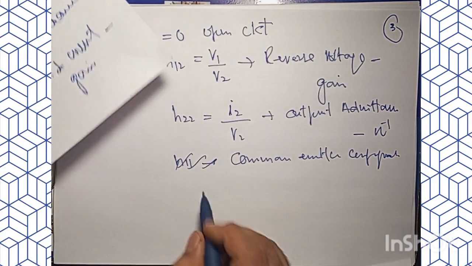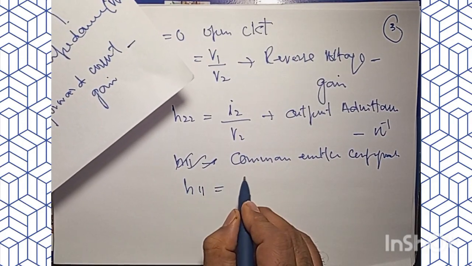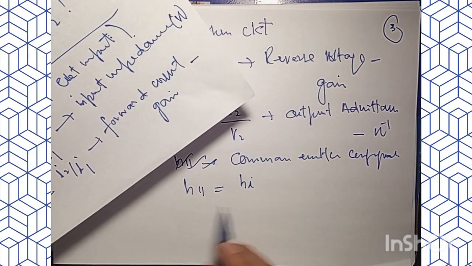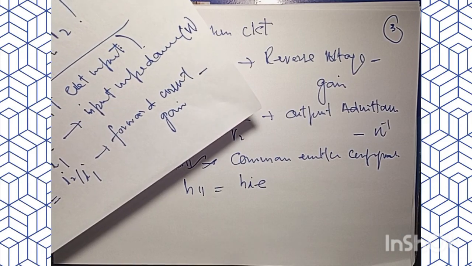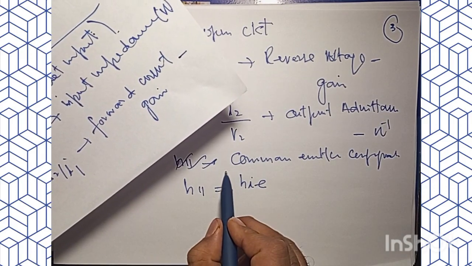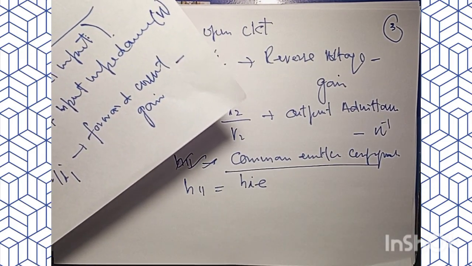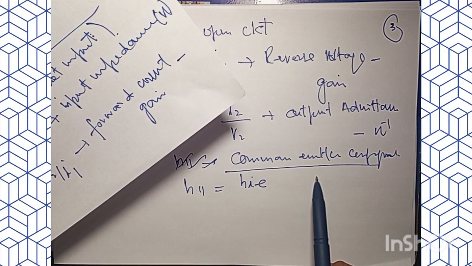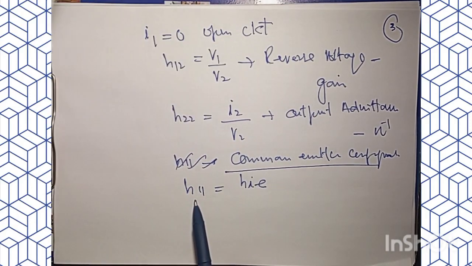So for H11, the first 1 will refer to I, input, and the other will refer to E. E is the condition for common emitter configuration. If we would have used common base configuration, this H11 would have been replaced by HIB.